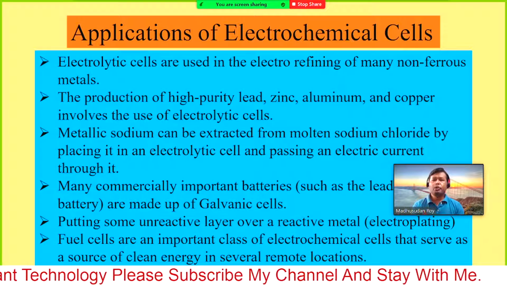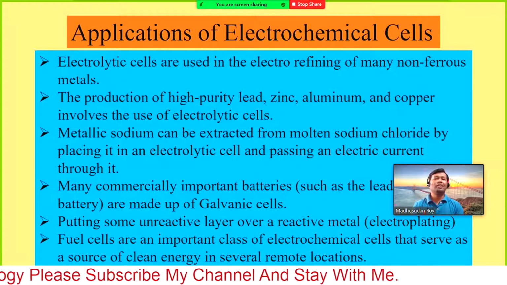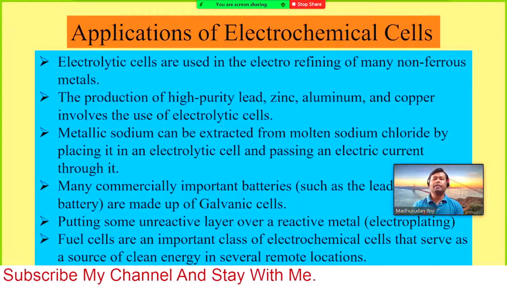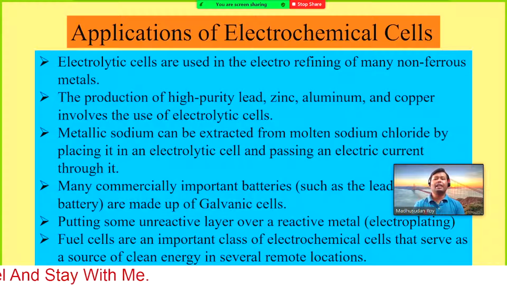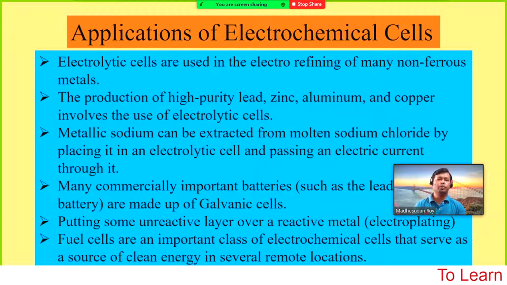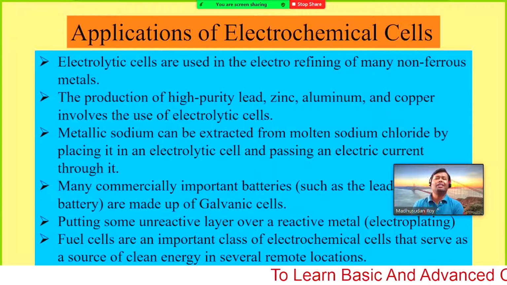Then metallic sodium can be extracted from molten sodium chloride by placing it in an electrolytic cell and passing an electric current through it. Normally sodium chloride cannot give you sodium, or it is very hard to extract sodium.